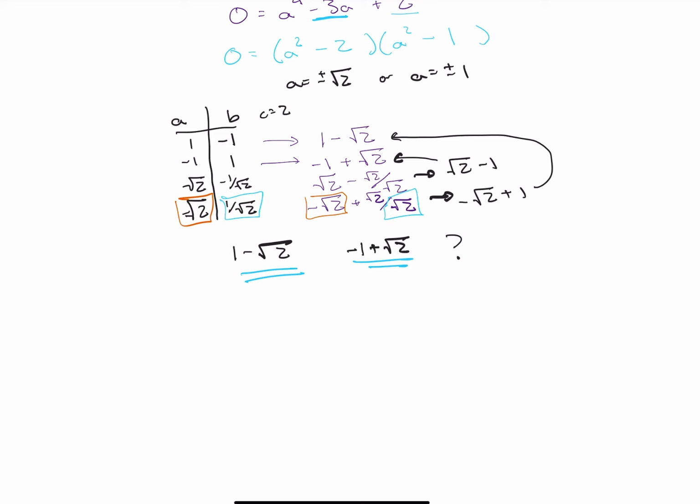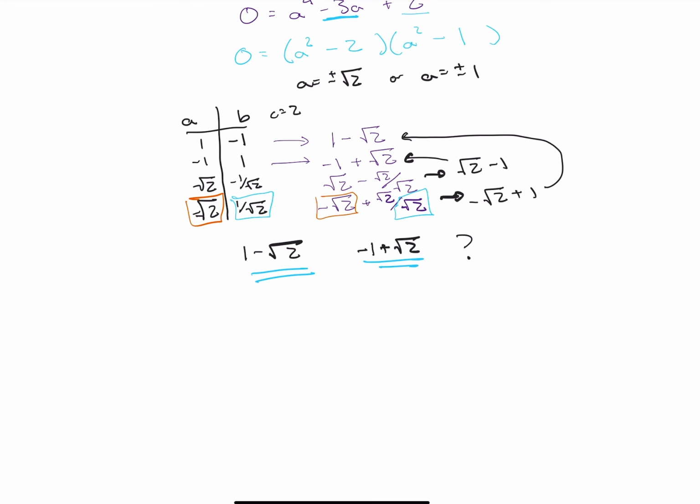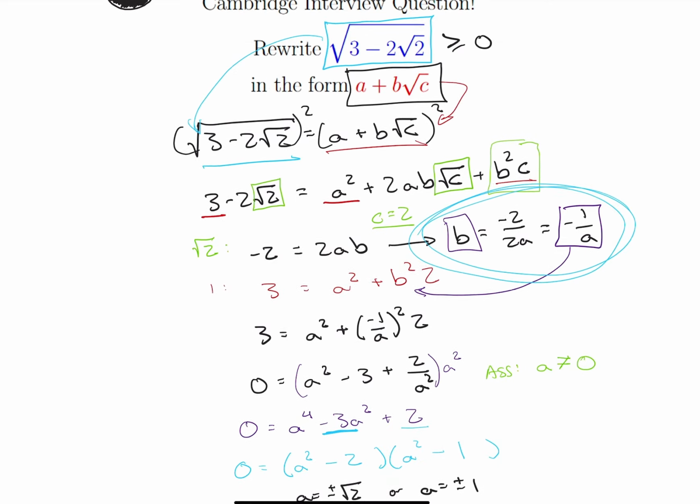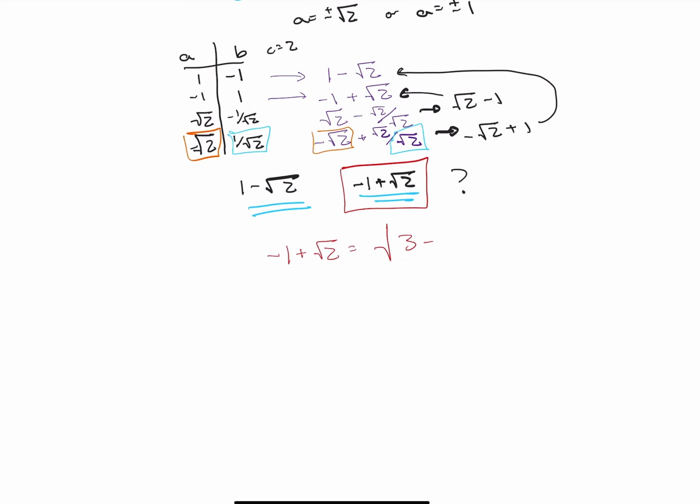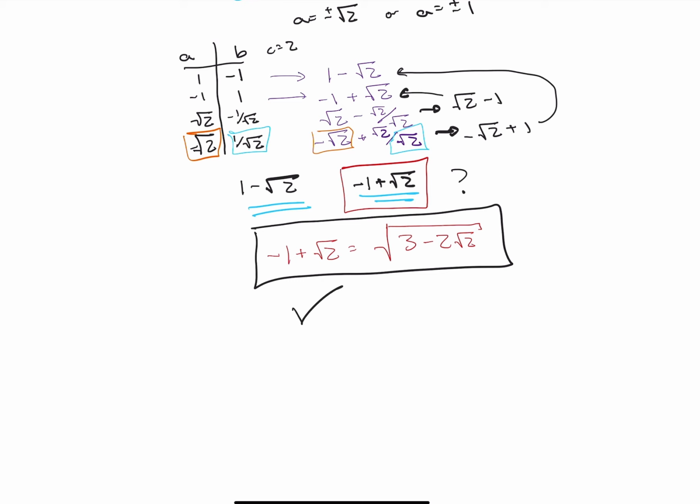And since square root of 2 is bigger than 1, square root of 2 is 1.41 and some change, we're going to want this guy. So our final answer is negative 1 plus square root of 2 is going to be the same as the square root of 3 minus 2 square root of 2. So these guys are equivalent expressions. And that's all we were going for.